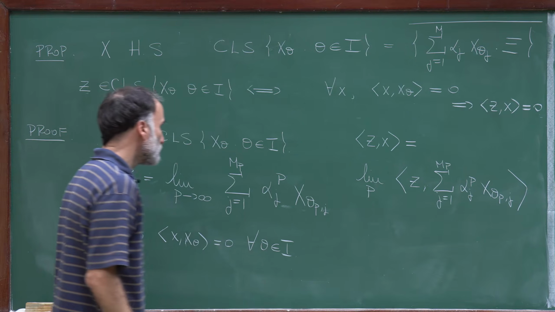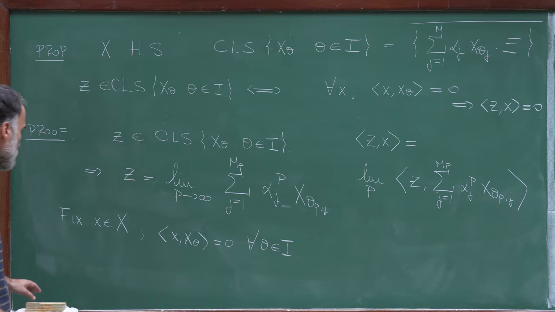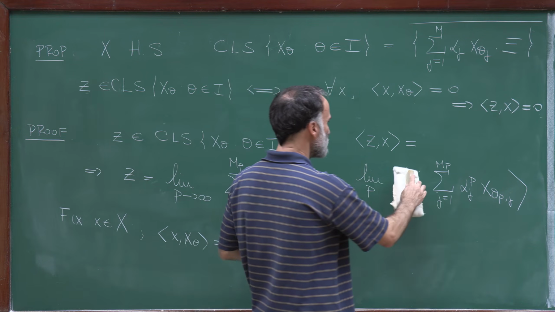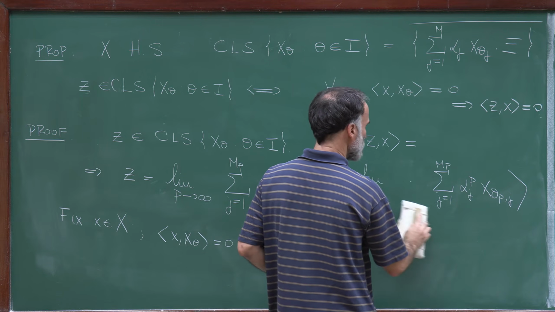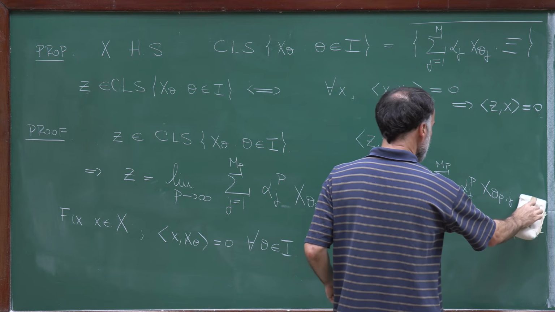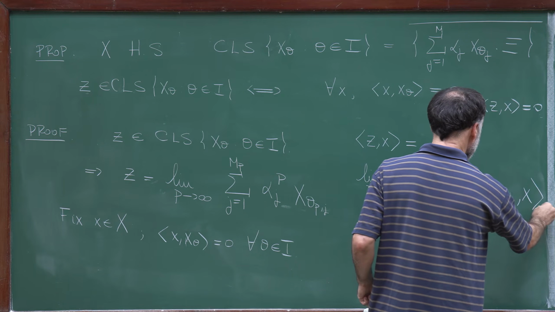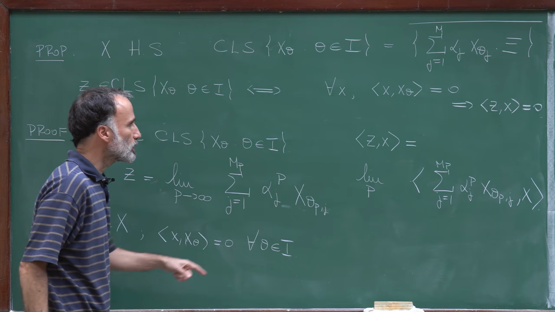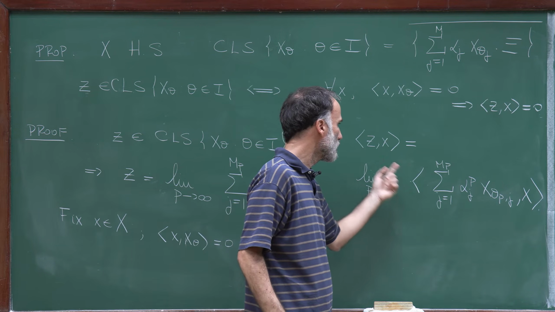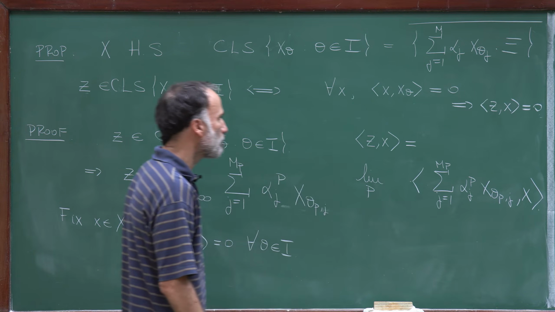Now, since Z is the limit, this is actually equal to the scalar product of this element with x. Right? Z is this limit, and therefore the scalar product of Z with x is the limit of the sequence with x.